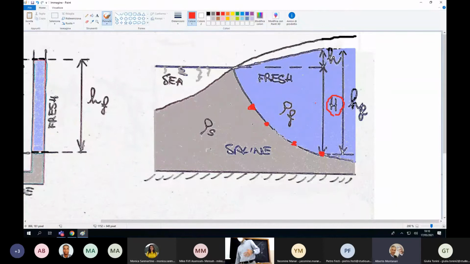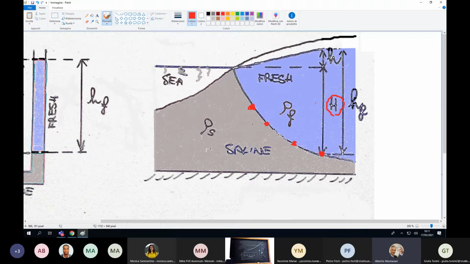Of course, here we have some simplifying assumptions. This is static, and we also assumed no dispersion. These simplifying assumptions imply a higher risk in reality, because we are assuming a constant seawater level.